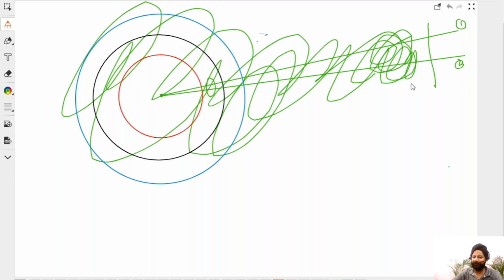When you go far away, the lines actually look more like parallel lines, even though they are not parallel lines. Does everybody agree to that? Please say yes or no. And this is why when we say the light comes from a far source, the rays of light come parallel to each other. The further you go, the curvature there will be gone. You don't even realize there is a curvature.